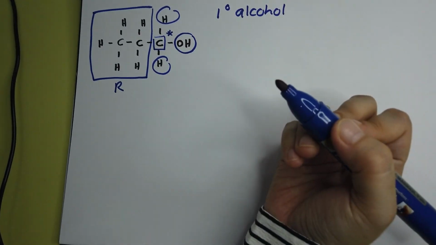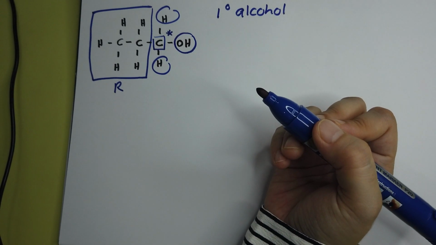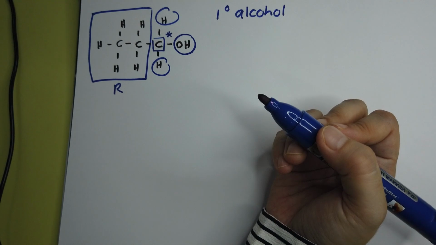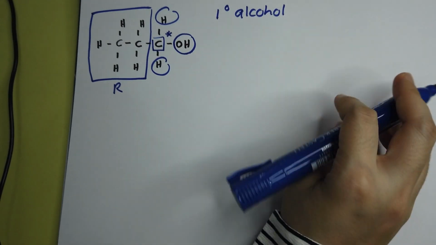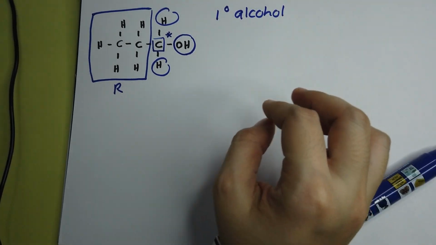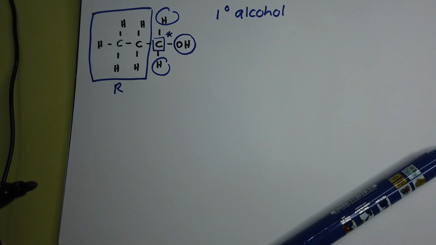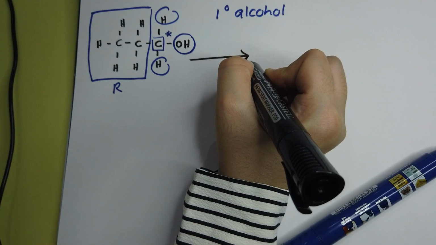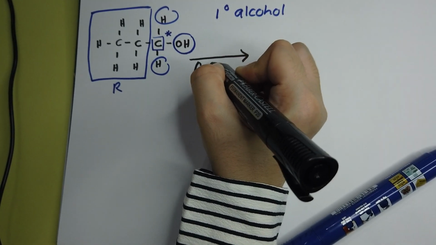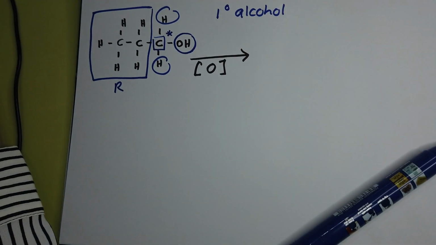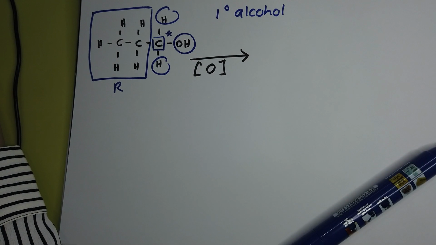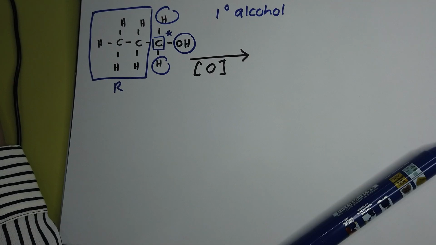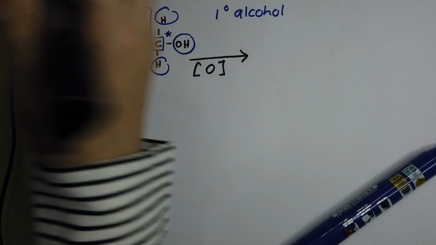Since this is a primary alcohol, it can be oxidized, which means that it will undergo an oxidation process. If you want to do an oxidation process for the alcohol, you need to add something to it, like a catalyst.